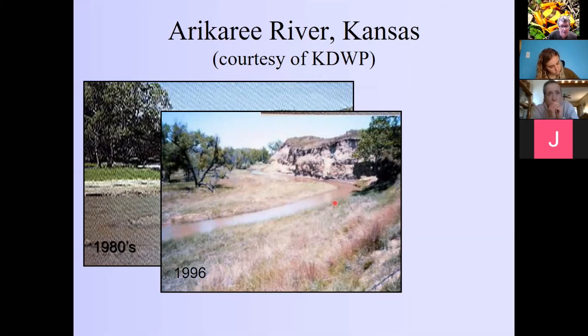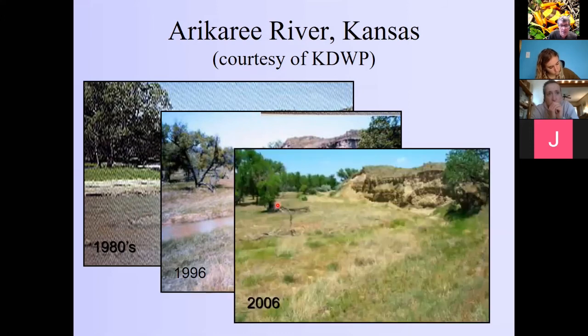The river's getting narrower and narrower because it's not flooding like it was, to blast out all the sand. And here's 2006. There is not a river there anymore. It's a meadow. So this is the photographic evidence of what's happening in a lot of places in western Kansas.